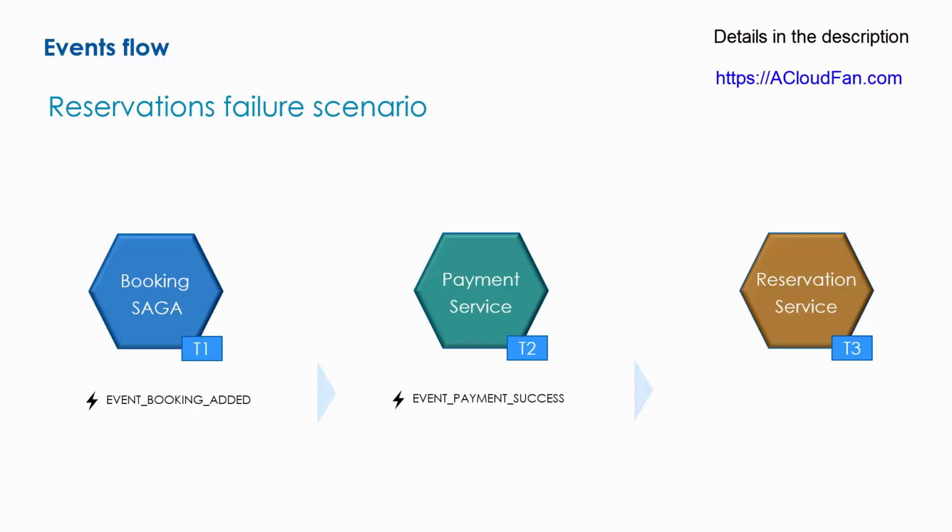In that scenario, the reservation service will execute the compensating transaction to cancel the reservation for the car rental and then emit the event reservation failed, which will be received by both the payment service and the booking SAGA service. And both of these services will then execute their compensating transaction. The booking SAGA service will mark the booking as failed.